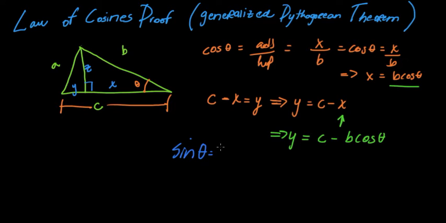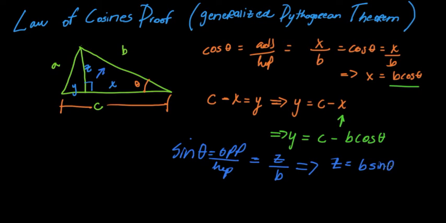Sine of theta is equal to the opposite over the hypotenuse, which is z over b, because b is directly across from the angle. So sine theta is equal to z over b, and with a little bit of algebra to solve for z, I'll be left with z is equal to b sine theta. And now what I have here is I have these all solved for, right?